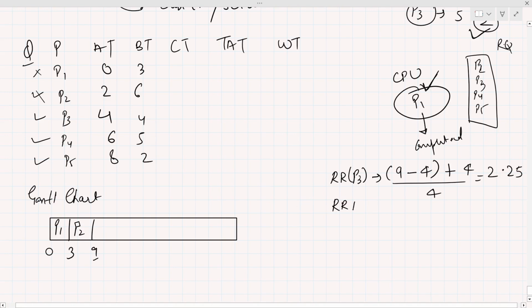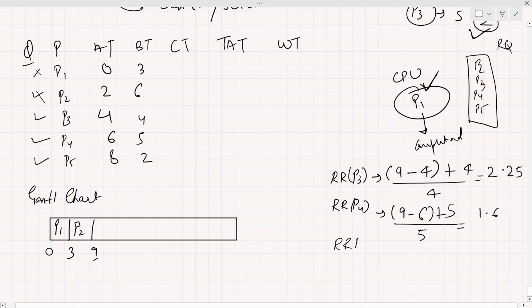Now we have to calculate the response ratio for P4. The completion time of the current process, which is 9, minus the arrival time of P4, which is 6, plus the burst time, which is 5, divided by 5. So 9 minus 6 is 3, 3 plus 5 is 8, 8 divided by 5 is 1.6.